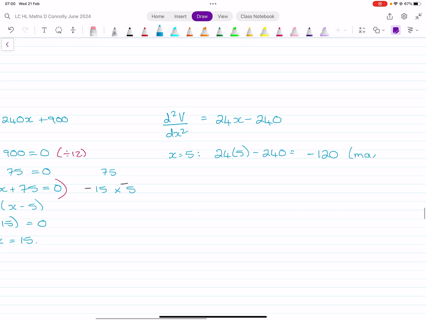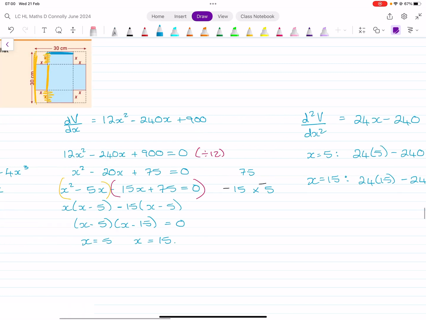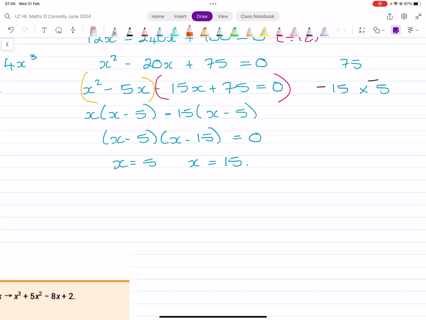So that would lead me to believe that that's the max. Let's try 15. So 24 times 15 minus 240 is 120. 120 is positive, so that's the minimum. So this value of x will give me a max volume.